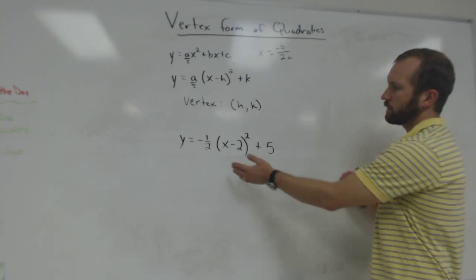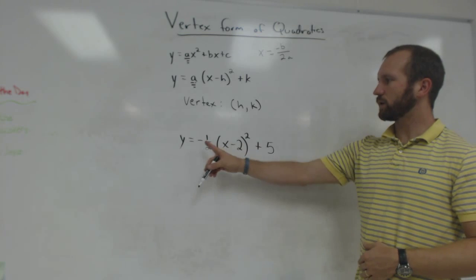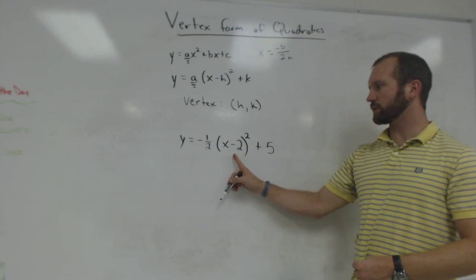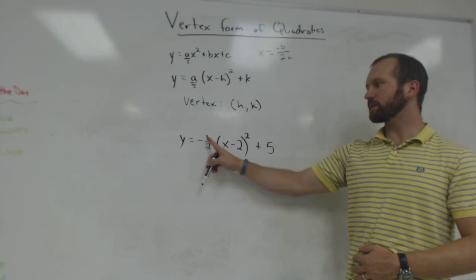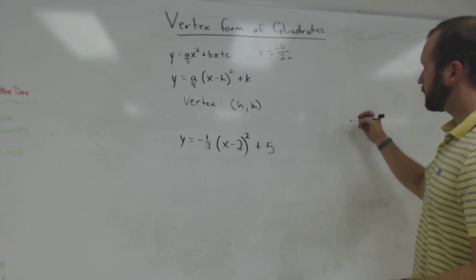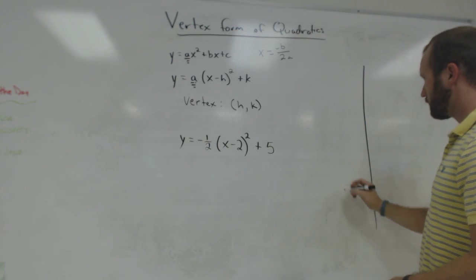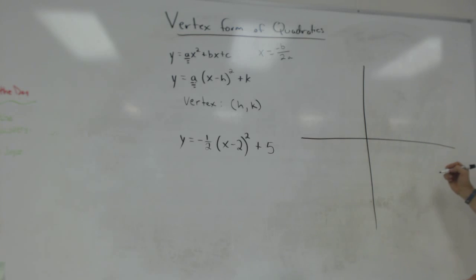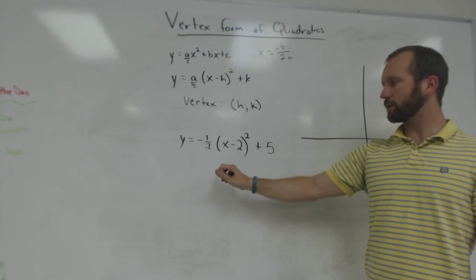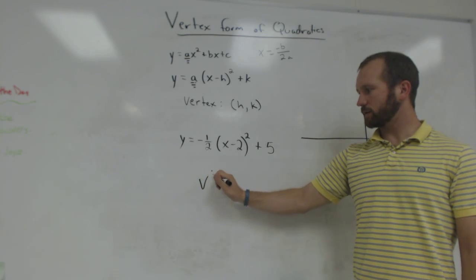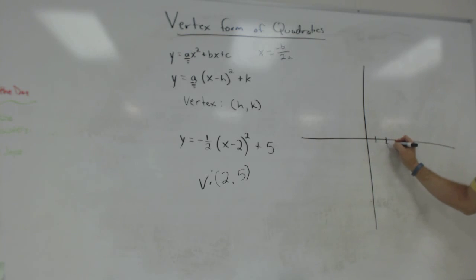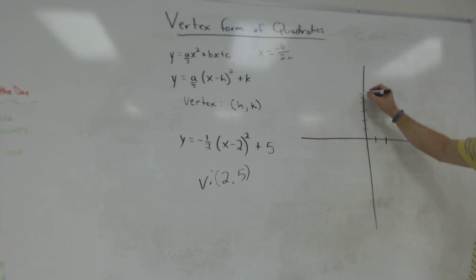If you look at this, I changed the A. I mean, I changed these two, but this is still negative, this is still positive. The a is now a fraction, and it's now negative. So as we graph this, I'm going to start out with our vertex, which is, what's our vertex? 2, 5. So I go over 2, up 5.